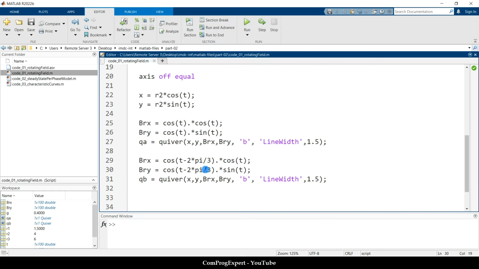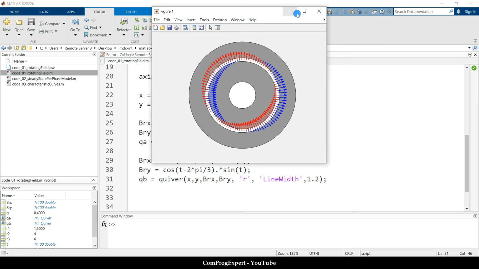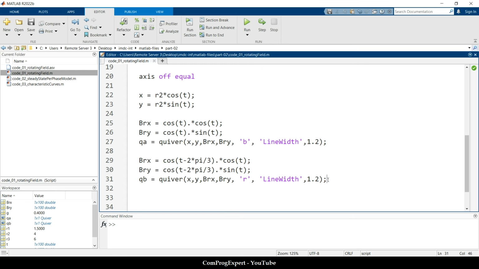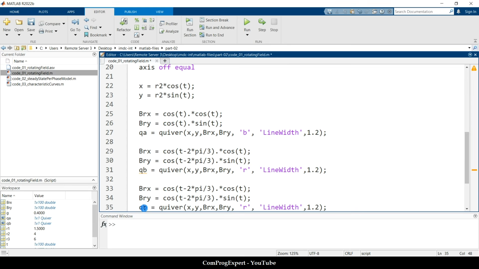When we have rated currents in the coils. So here let's use this color red and reduce the thickness of the lines. The phase B, and finally we can plot the phase C. For the phase C we have 4 times pi divided by 3. Use this color.